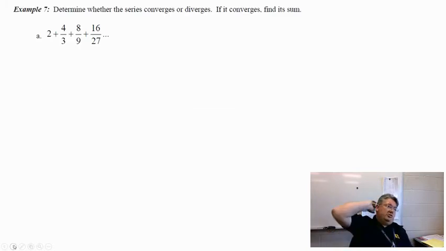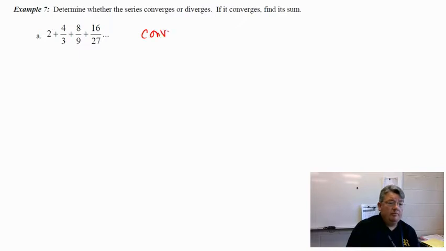Determine whether it's going to converge or diverge. If it converges, find its sum. Does this converge? Well, 2, 4/3, 8/9. Yeah, these fractions are getting smaller. So it's going to converge. Well, if it converges, then I can do the infinite sum is equal to the first term over 1 minus the ratio.